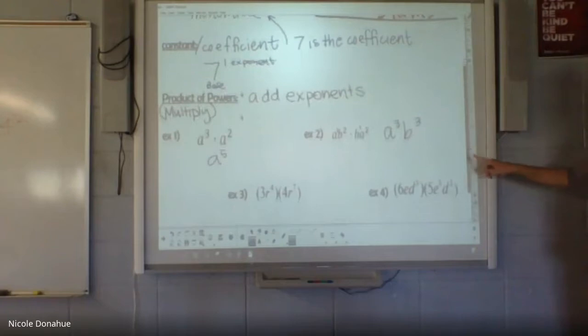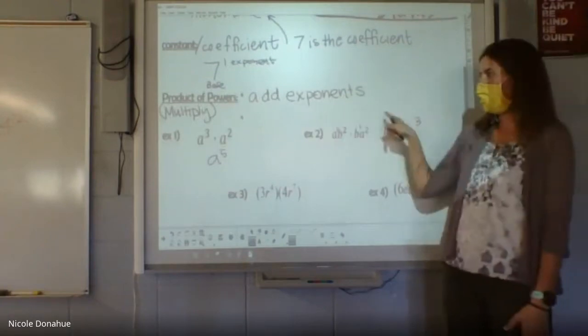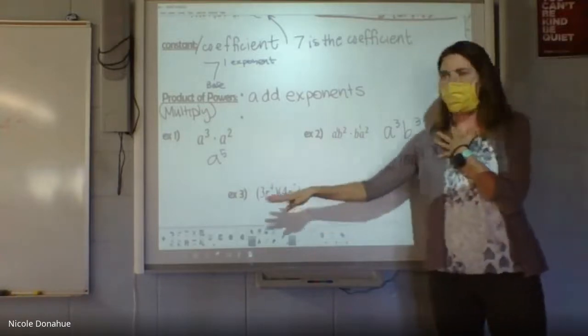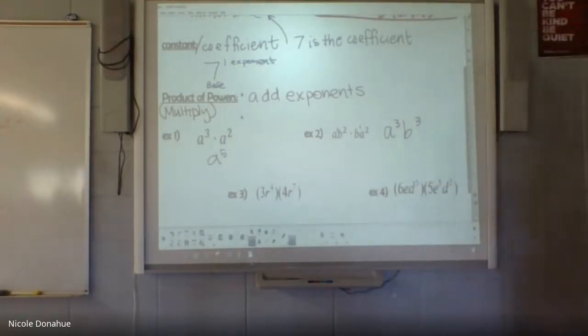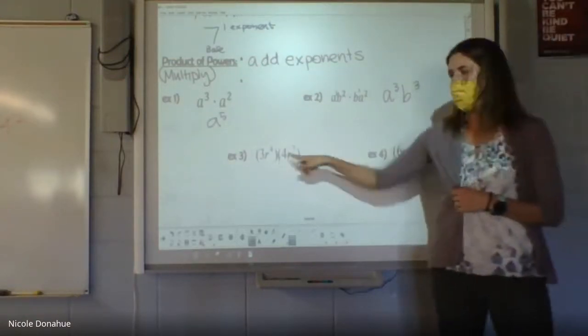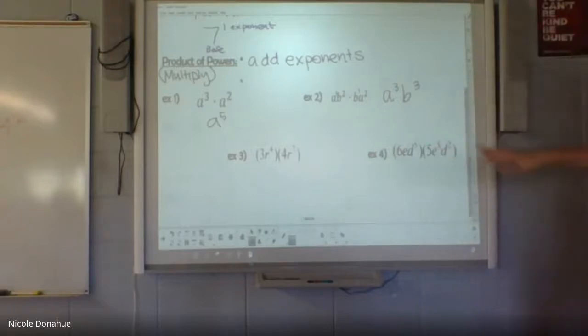So that other little bullet point you see there, the asterisk: we add the exponents, but how about a number? What do we do with those coefficients? So like the 3 and the 4. What's the r going to be? Tell me something you know about this in example 3.